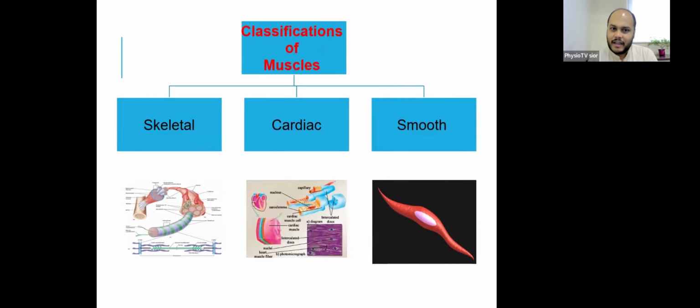They are basically skeletal muscles, that is the muscles which basically bring about your movements. Cardiac muscles, the heart tissue that we talk about, and smooth muscles, that is your visceral system, which is present in the body. So these three basic classifications have been divided and have their particular properties that we look at.